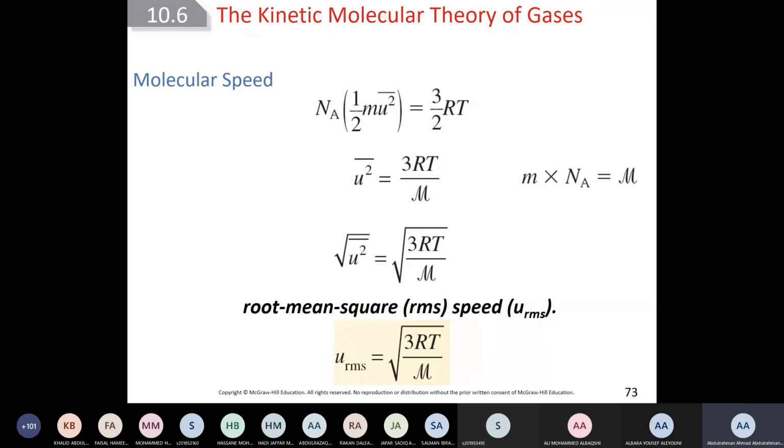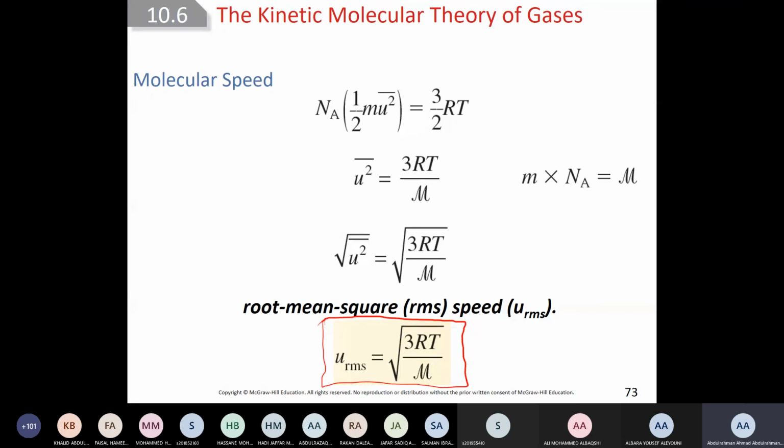Now we can calculate the root mean square. I'm not going to tell you how we derive it, but I want you to memorize this equation very, very well.